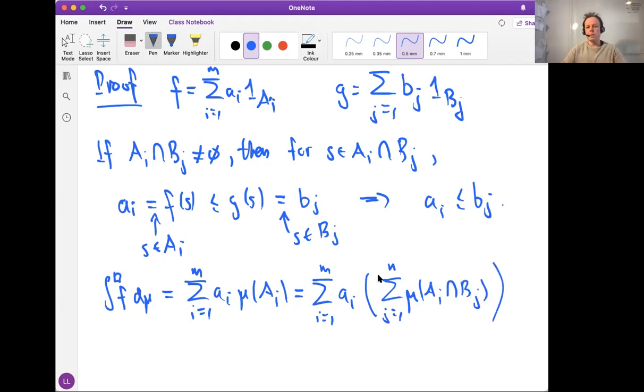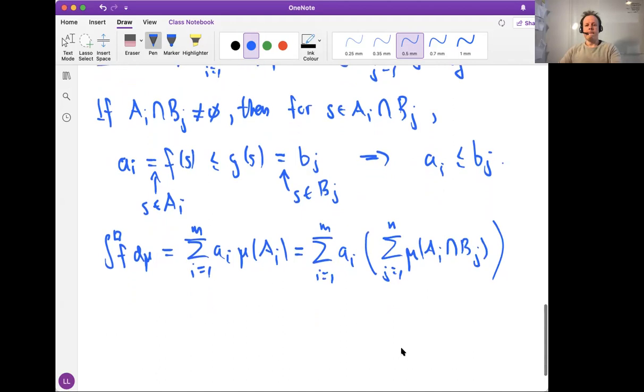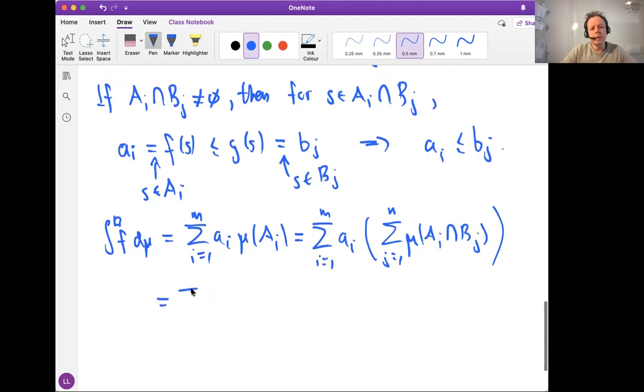Now I hope you recognize the same idea that we did, that these were disjoint across bj, and then this sum becomes the measure of AI. We rearrange this again, so we have this familiar looking thing. We look at these indices i and j, all of them AI, and then the measure of AI intersection Bj.